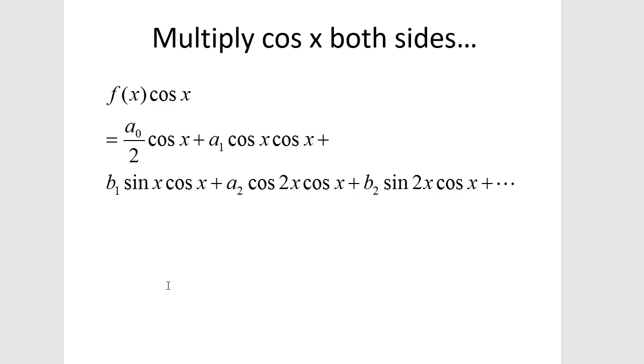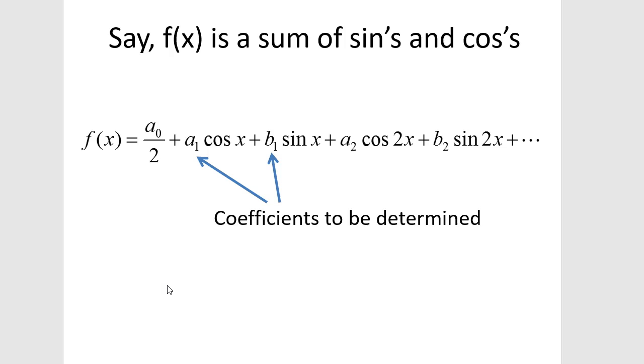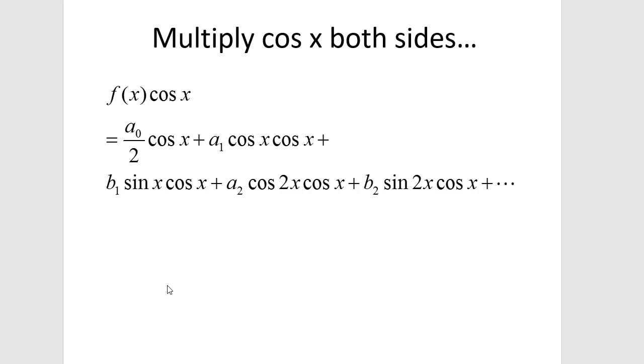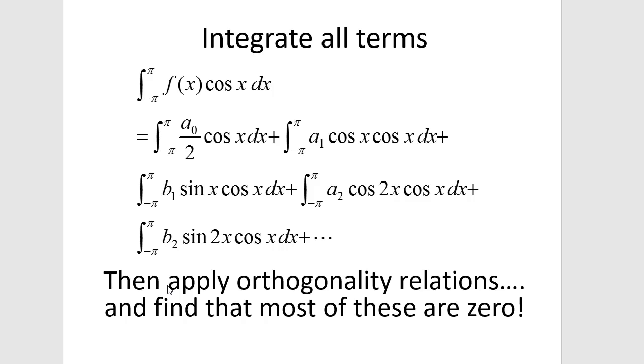So as you can see, I had the function before, and now we multiply by cosine x on both sides, and then we integrate. Now, do you recognize these integrals? These are integrals that we've done before, and we know their values because of the orthogonal relations. We know actually that most of these are 0. This is 0, this is 0, this is 0, and this is 0. The only non-zero thing is cosine times cosine, because it's cosine 1x times cosine 1x, so m and n are equal, right?